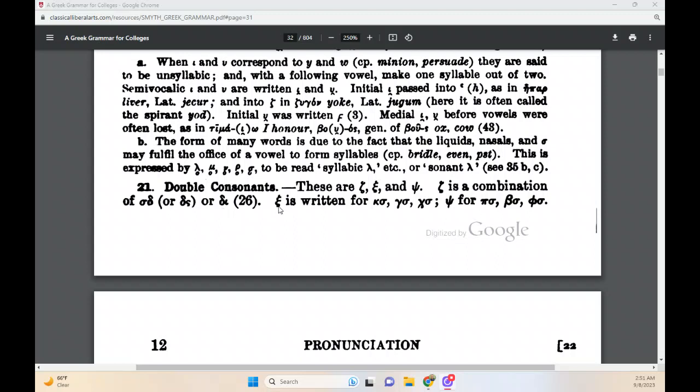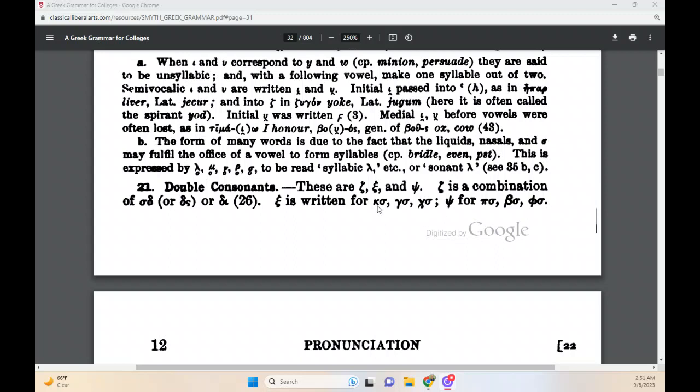It's the guttural sound followed by the sibilant sigma sound. And it's true for any of the guttural sounds followed by sigma. So we have kappa sigma, gamma sigma, and chi sigma. X, x, and x. So the letter xi can represent any of those combinations. And then the same is true for psi. It can represent ps, bz, or ps.